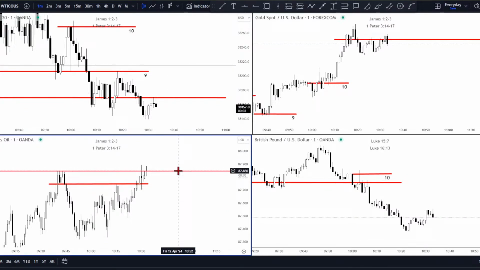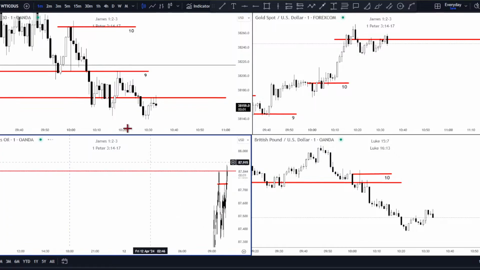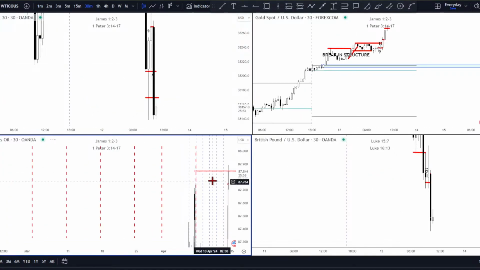Yep, that's what this line that goes across. I'm pretty sure, yeah, that's last Friday's high.